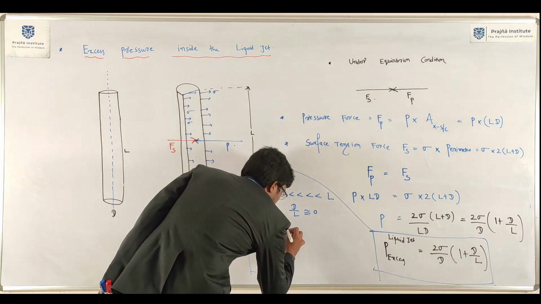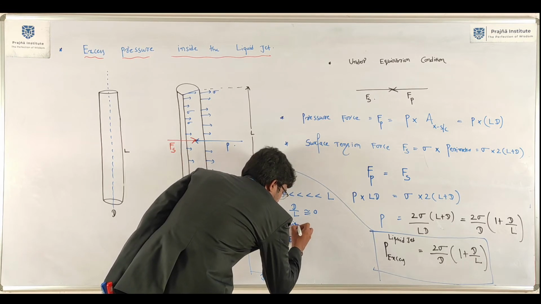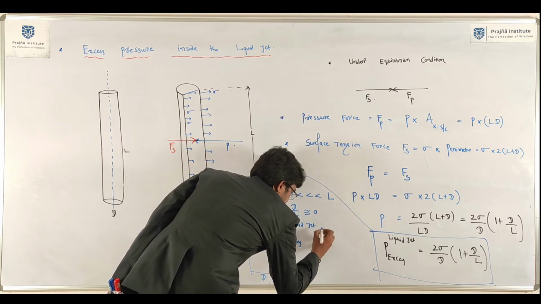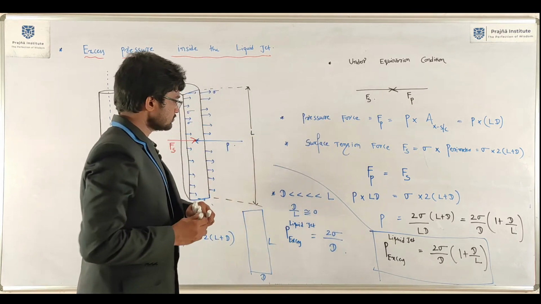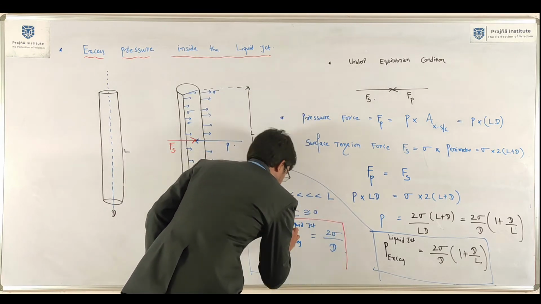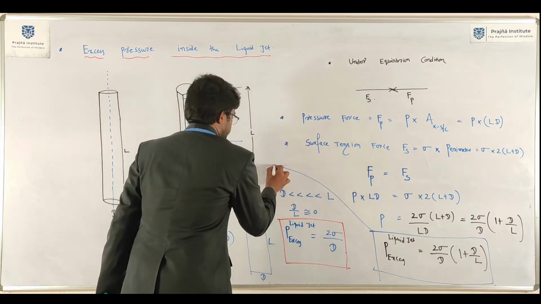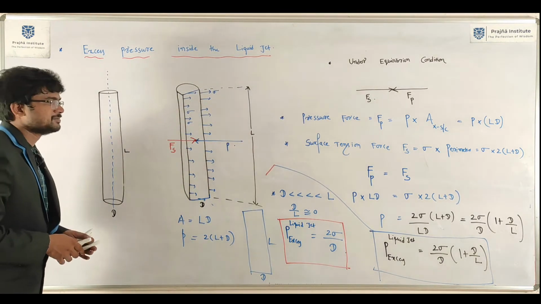That is why P excess in the liquid jet is equivalent to 2 sigma by d. This is the expression for liquid jet. This is all about liquid jet.